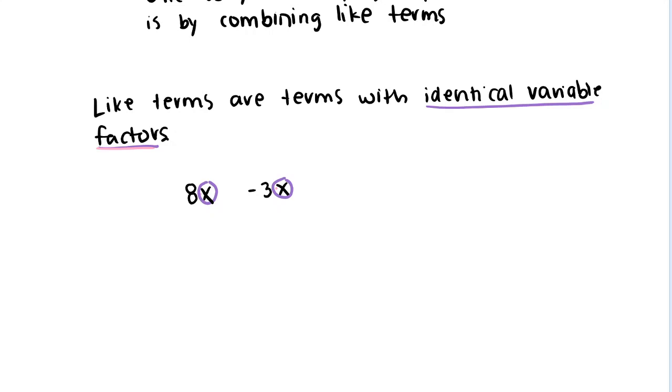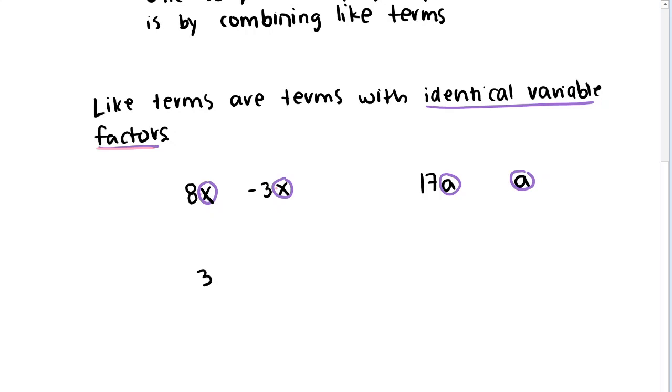Another example is something like 17a and just a itself. If I look at the term on the left, the only variable is the variable a. There's only one factor of it. And on the term on the right, again, the only variable is this variable a. So these two are examples of like terms.